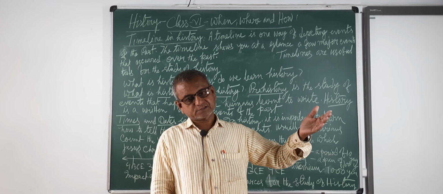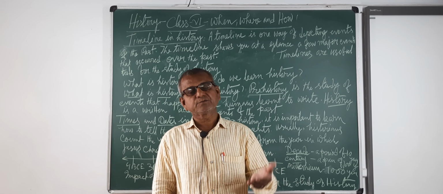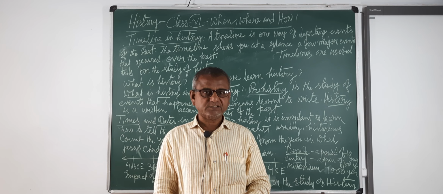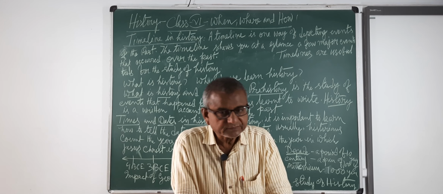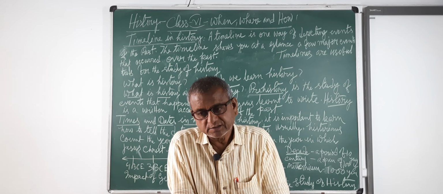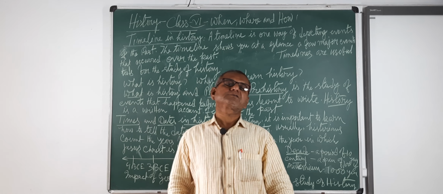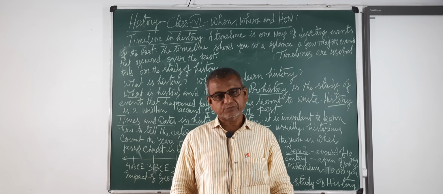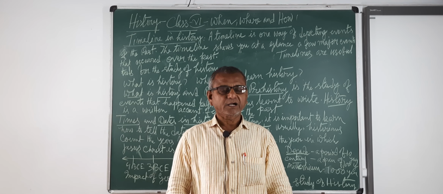Previously, man was a hunter. They used to move from place to place in search of water and animals. Gradually, they learned farming and settled in a particular place. They also domesticated animals, and they invented the wheel. The wheel brought great changes in the life of early man.